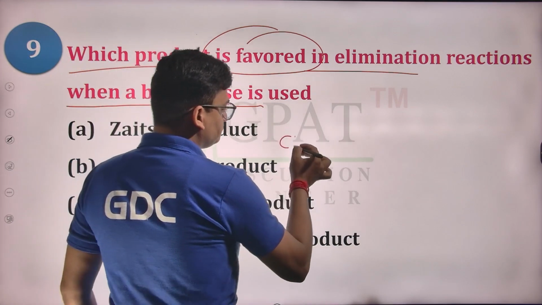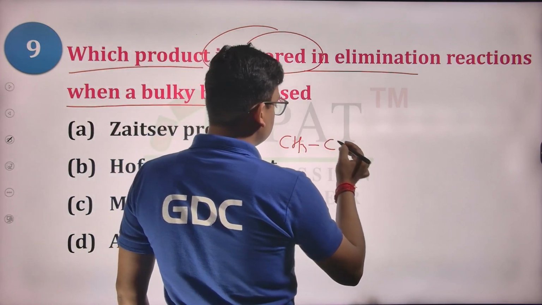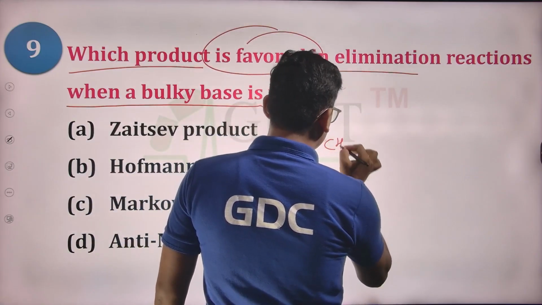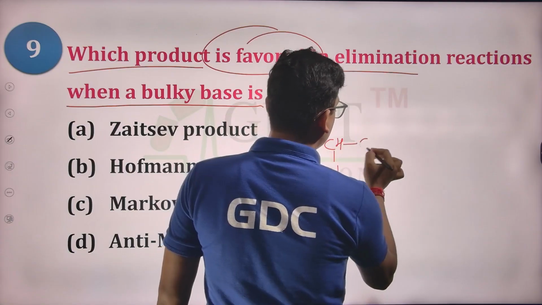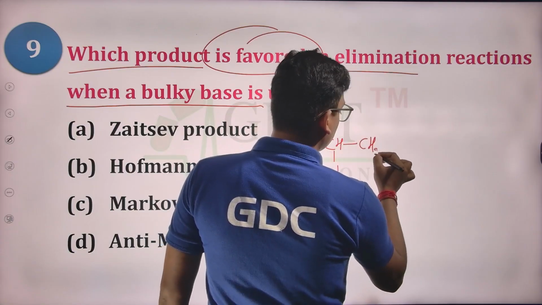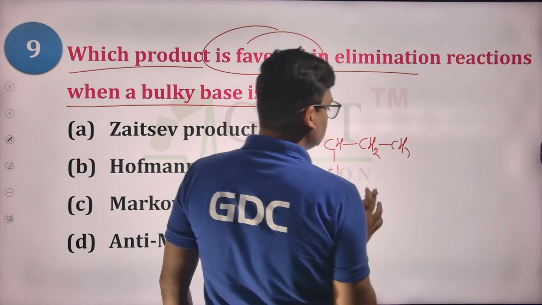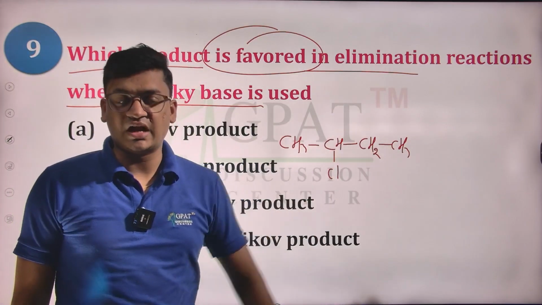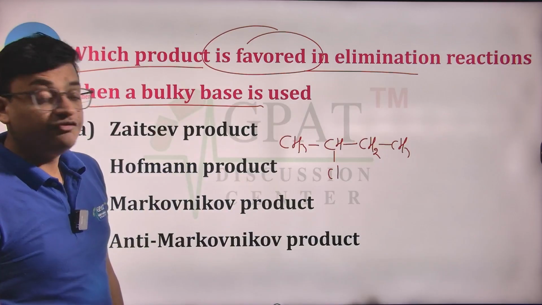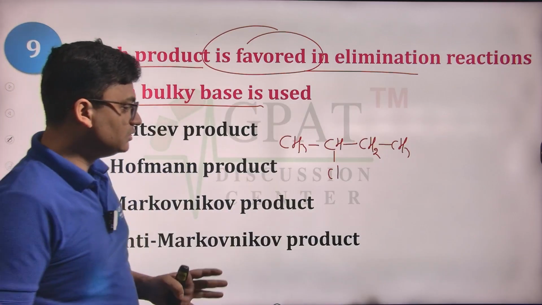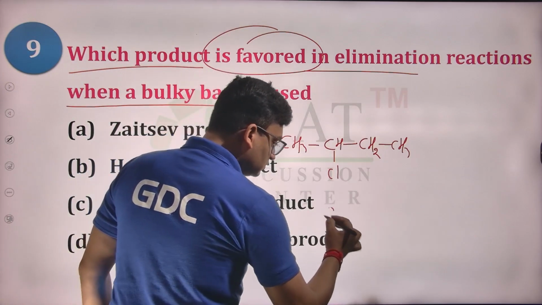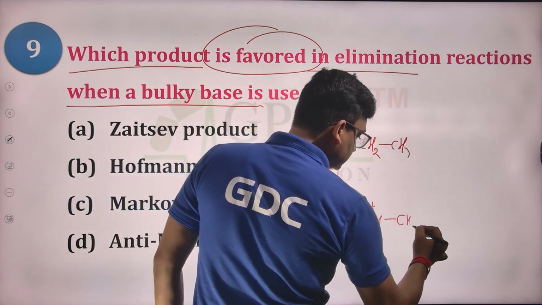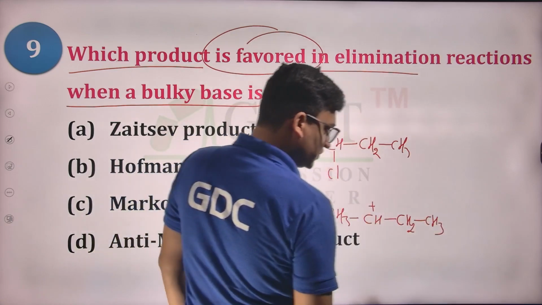Suppose we have CH3 CHCl CH2 CH3. This is the alkyl halide that we have now. If we use a bulky base, after the removal of the leaving group, we have this CH carbocation followed by CH2 and CH3.